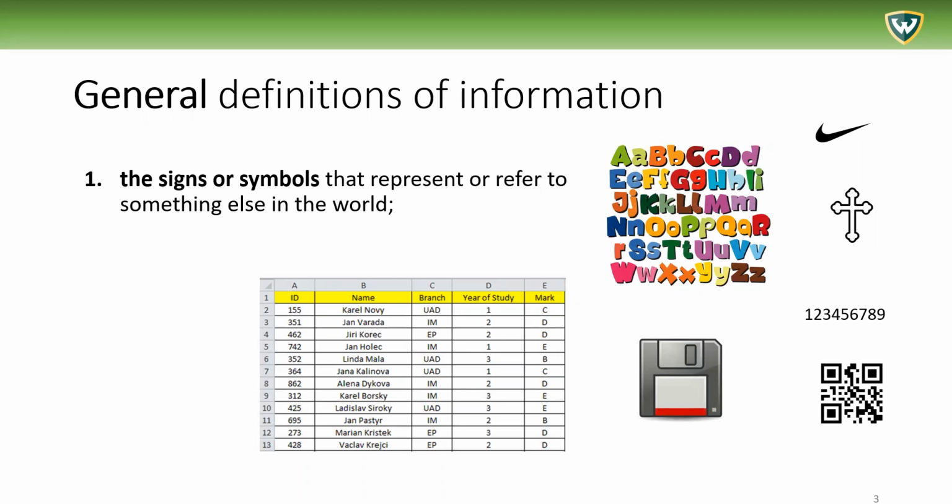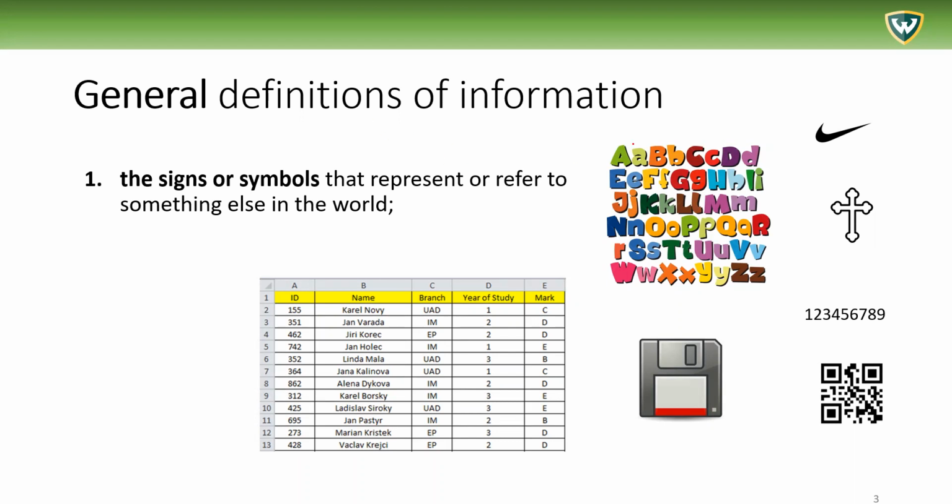One definition of information is the signs or symbols that represent or refer to something else in the world. In this definition, the understanding is that the information is the signs or the symbols themselves.